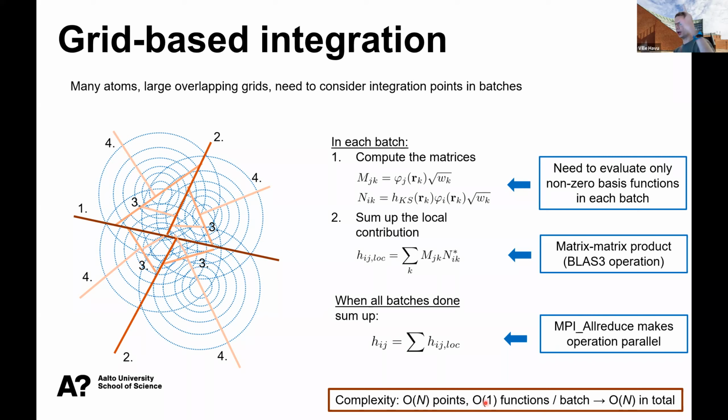Of course, the number can be large, but it doesn't grow when the system grows, because if you put the atoms somewhere far out, their basis functions don't extend to here anymore, which means that, at least in theory, we have O(N) scaling in the integration. And as we saw in the first slide, this is the case. So the theory and the facts go alongside with each other.